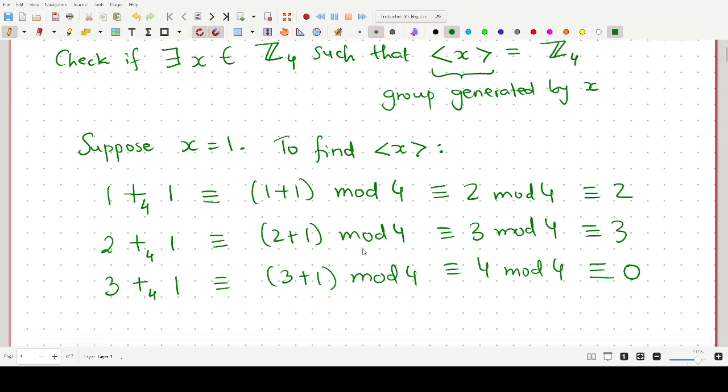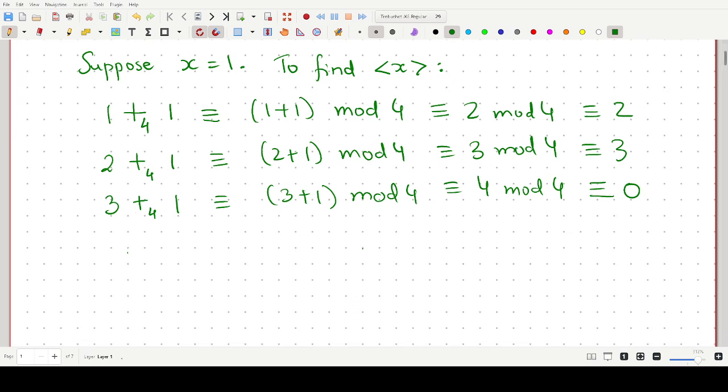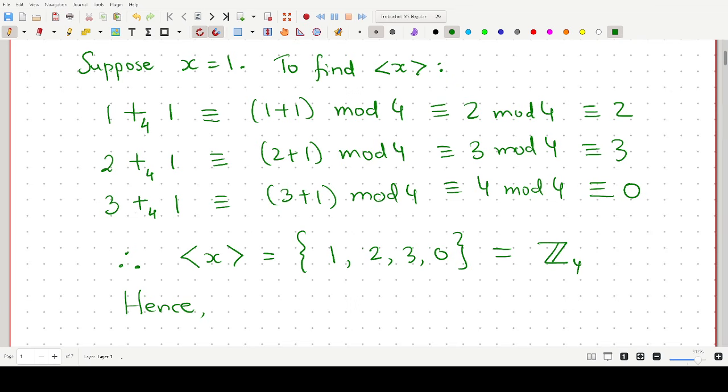Therefore, what we can imply from here is the group generated by X contains X value, that is 1, and then we got 2, 3, and 0, which is exactly the same as Z4, right? Hence, we can conclude that G, which is equal to Z4, the group, is a cyclic group, right?